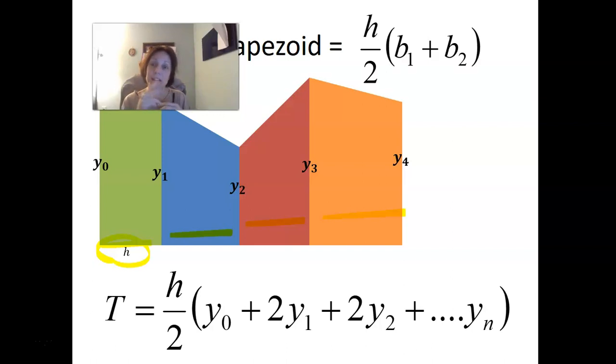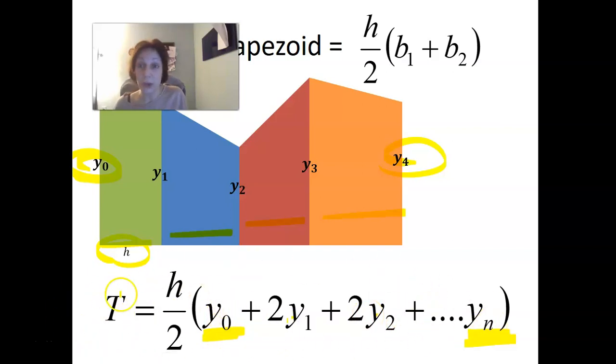But you are using the interior bases, the ones that got used twice. You're adding those twice. So notice, this is your first base, the one that started it all. This is your last base, the one that ended it, and then all of the ones in between get doubled. That's all that is saying.